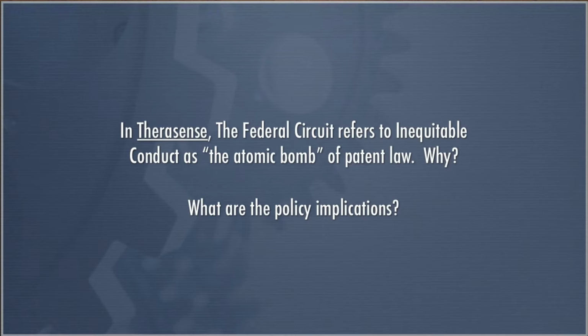And so because of that, it is an extremely powerful concept, and one that the Federal Circuit has been rightly very concerned about for many years, because the policy implications of having such a powerful potential defense is that it gets raised in many cases, even when probably the facts don't justify it. And the reason it gets raised, of course, is because if you can win, it's worth rolling the dice, because if you can win on inequitable conduct, the gains to be had from winning are so significant that it's worth the time, the money, the effort, etc., to try and win these inequitable conduct cases.